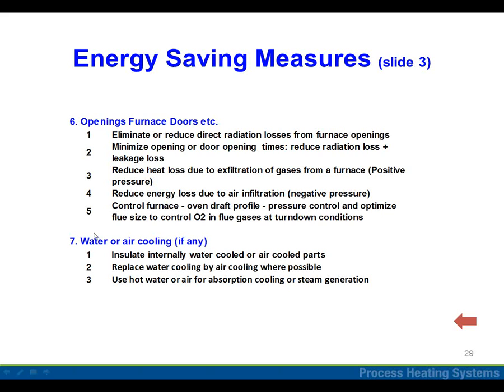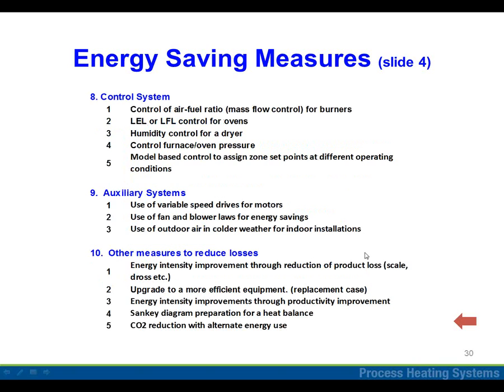By the way, for each of these areas, the FAST tool can help you estimate how much energy you can save by taking actions on any one of these items, or most of the items, let's put it that way. So that's another advantage of using FAST, that you know whether it's worthwhile doing something or not. The next one is control system, auxiliary systems, and there are other methods of reducing energy losses.